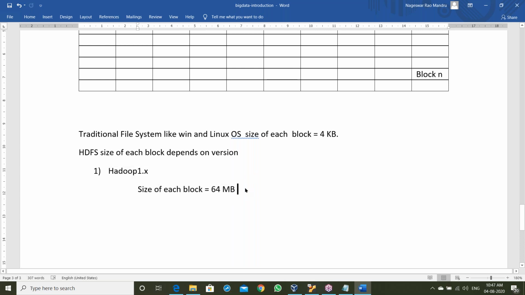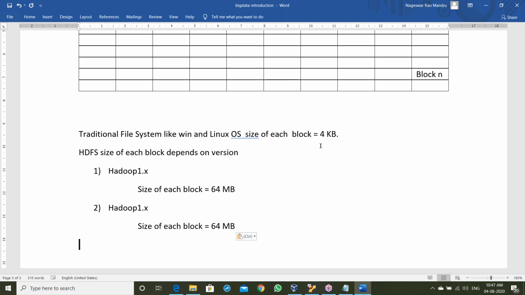Next, in the second version of Hadoop, Hadoop 2.x and 3.x.